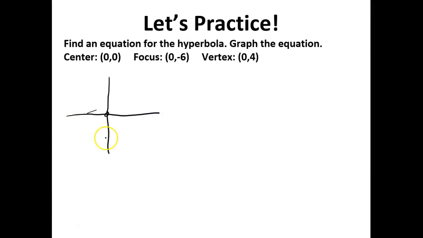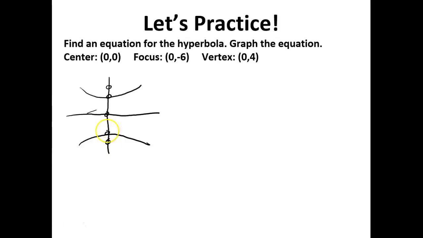So our focus, 0, negative 6. Our vertex, 0, 4. There's going to be symmetry. So here we have what it's going to look like on a graph.